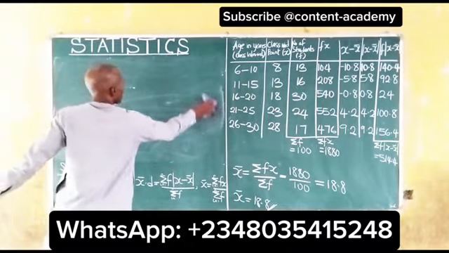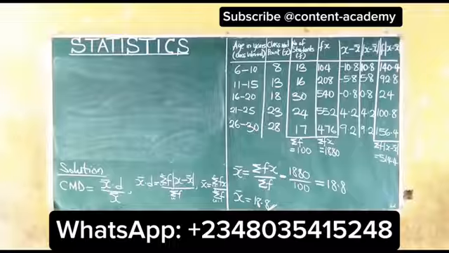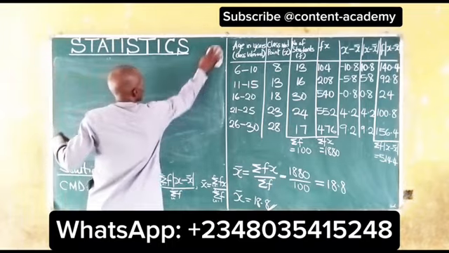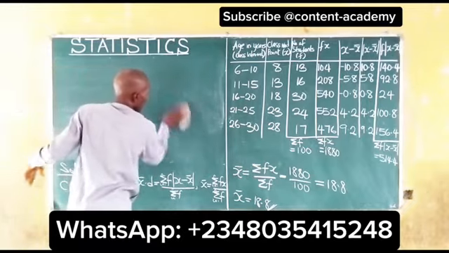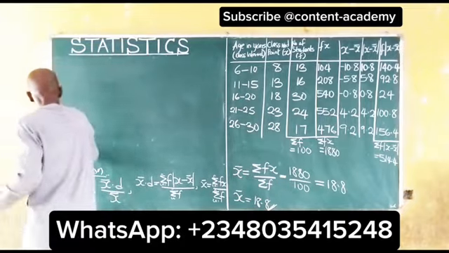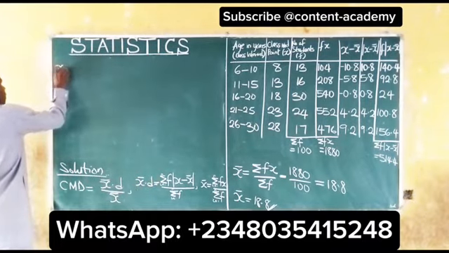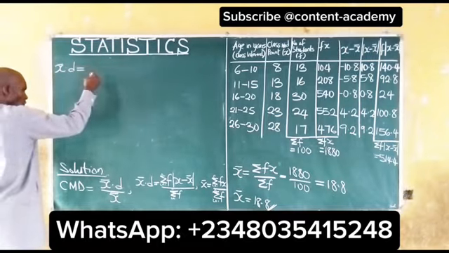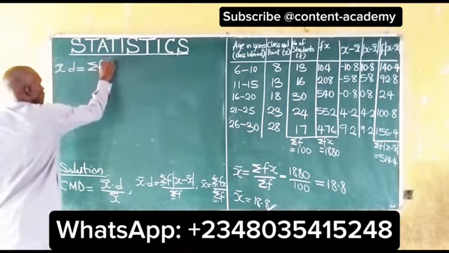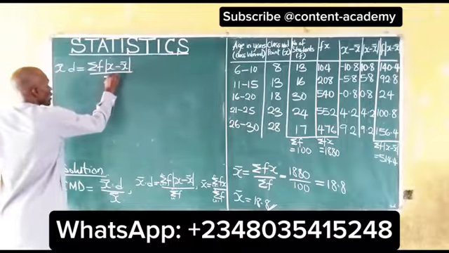So we are asked to calculate for the coefficient of the mean deviation. So it means that we have to calculate for this, which is x bar multiplied by the deviation, which is equal to summation of f of x minus x bar all over summation of f.